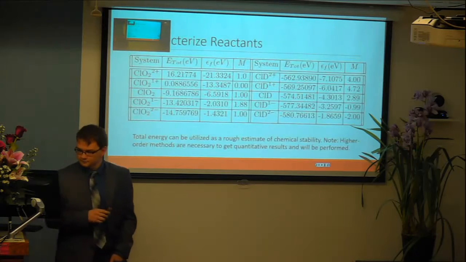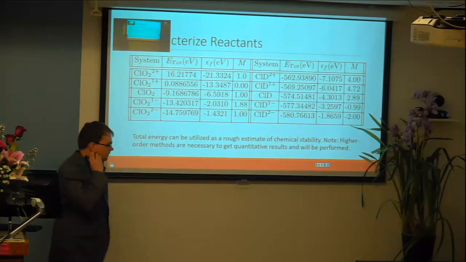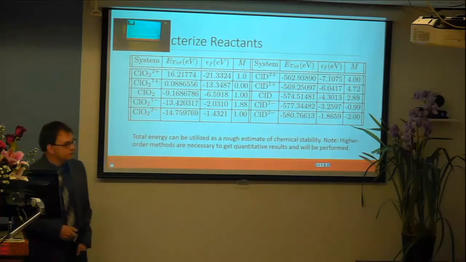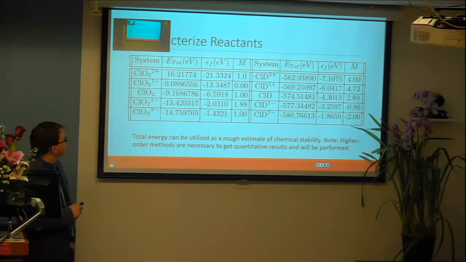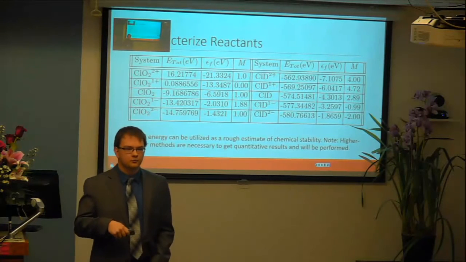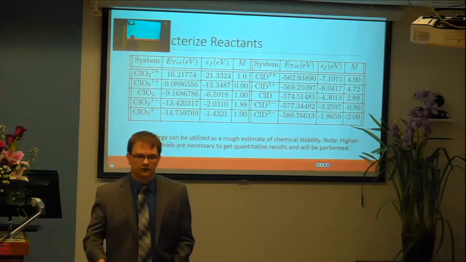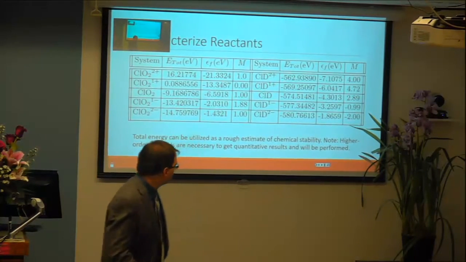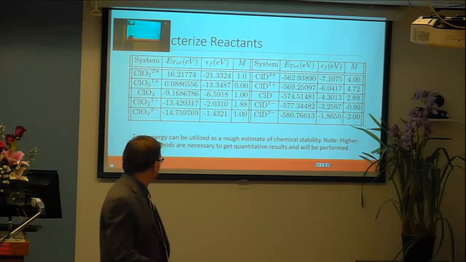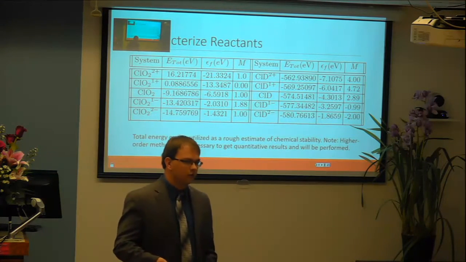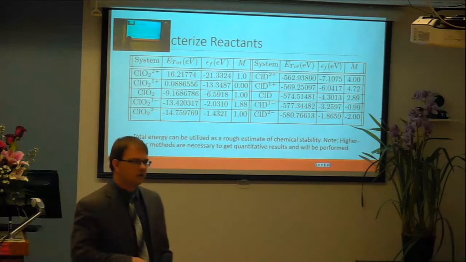I've optimized these structures separately, and I've tabulated them. If you look at the total energies, which is most important here, chlorite likes negative charges. A more negative total energy implies a more stable structure. Like I said earlier, chlorite is known to be in a single anionic form usually, but as you can see, it's not the lowest number here.